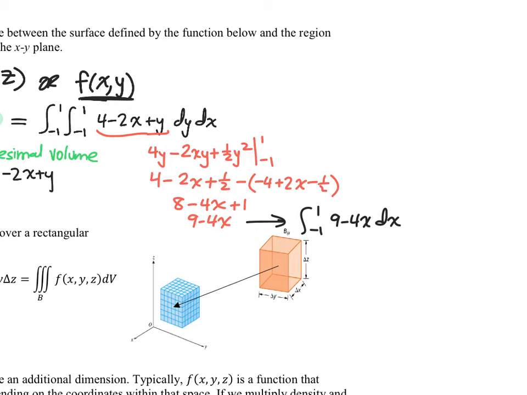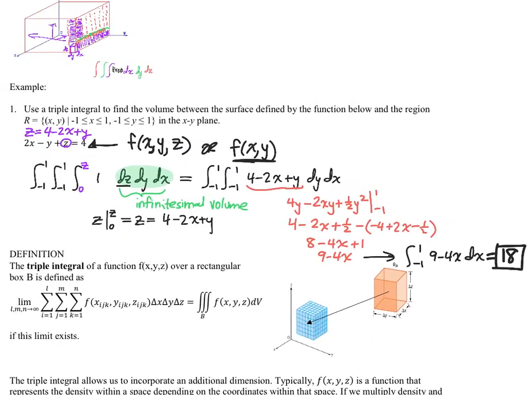Less writing. So 9 minus 4x. I know it's linear, but it's been a long day. So 18. So it actually ends up being a pretty clean answer.